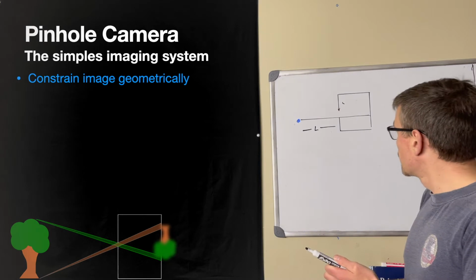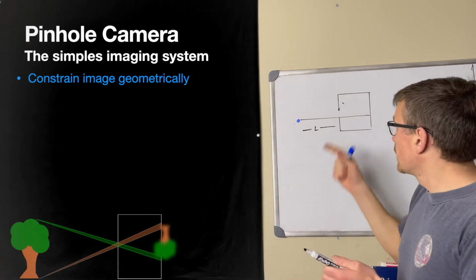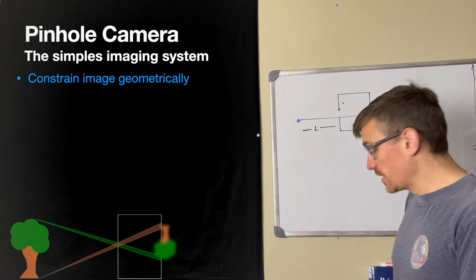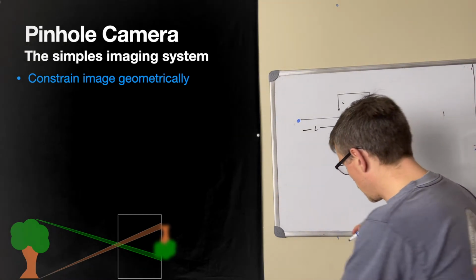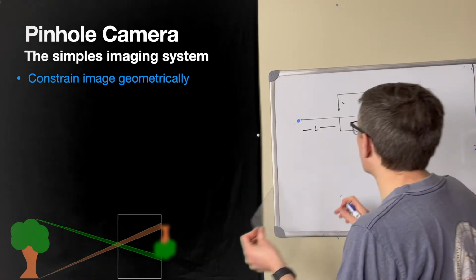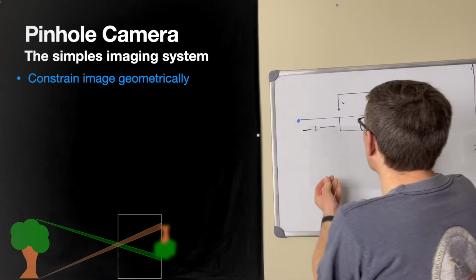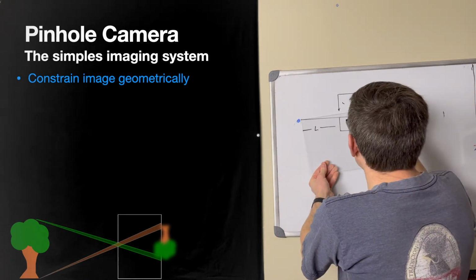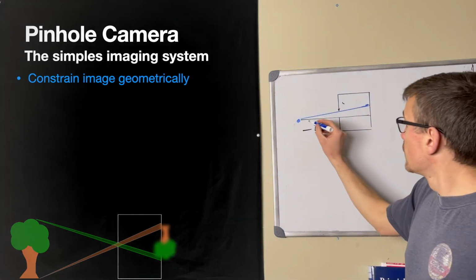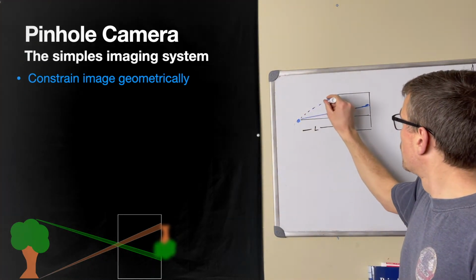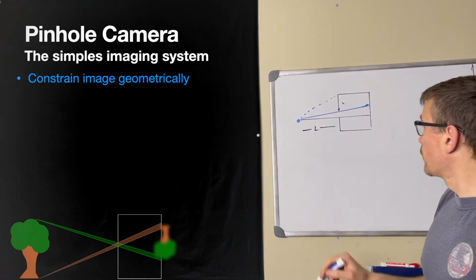And we want to ask how geometrically constrained our image is based on just putting a pinhole in something. So let's draw another line here and look at the range of possible values we can get to just by virtue of punching a hole in a box. So the situation looks something like this. Rays that are coming at different angles will not be able to get through the pinhole.